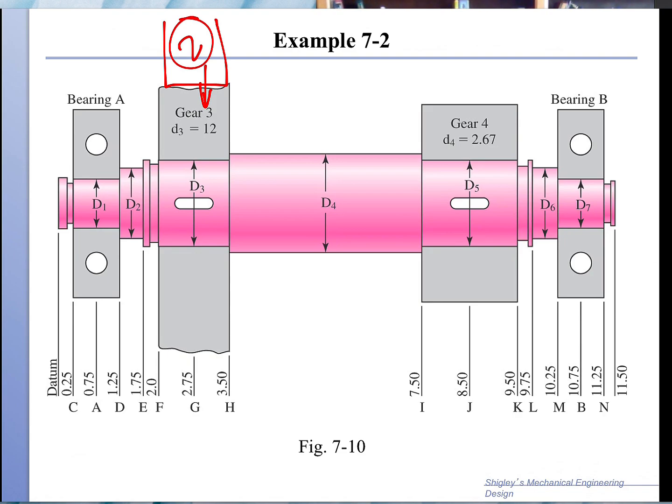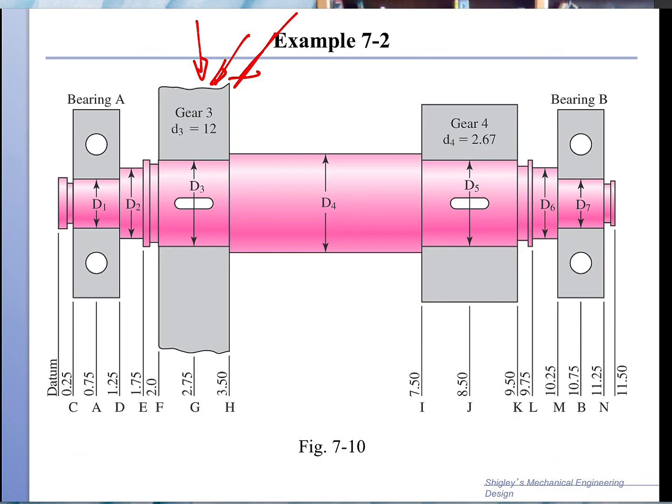The force usually comes at a pressure angle from the teeth of the gear, and this is analyzed into a radial component and a tangential component.